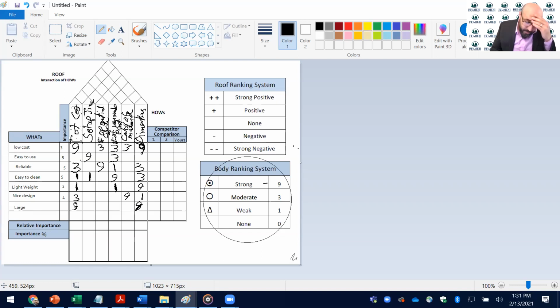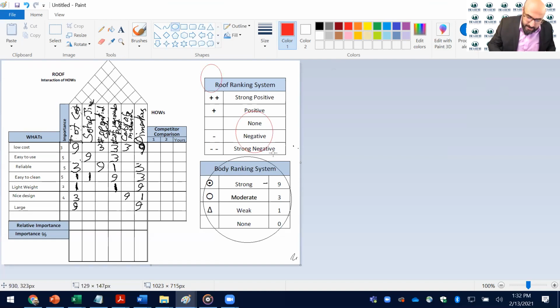Now we need to do the relationship between the technical specifications. Sorry for that. For this one, we're going to use this roof ranking system.